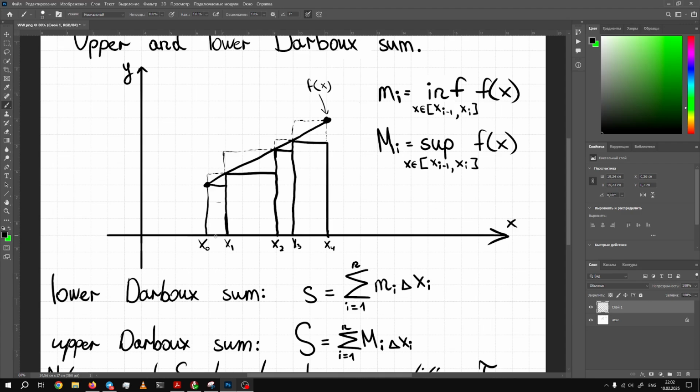So basically it is the sum of all rectangles where we take the height as the infimum in each interval. Let me show what the lower Darboux sum is in this graph. Look, it's all these rectangles.